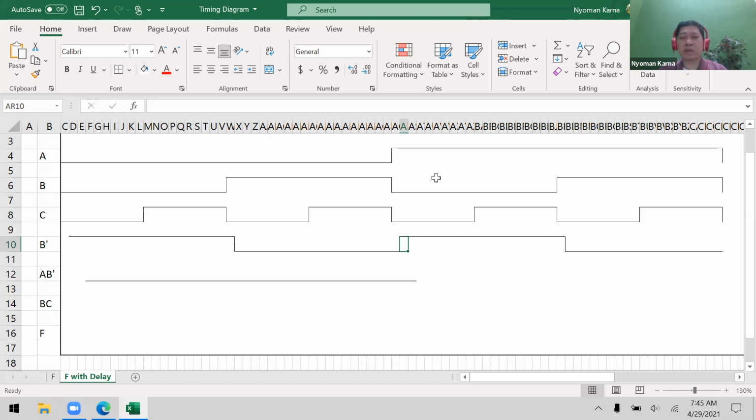So the output will become 1. However, that output will be delayed for 2 milliseconds. So it will become 1, 2. So it will become in here. Okay. So this will be the output until 1, 2.